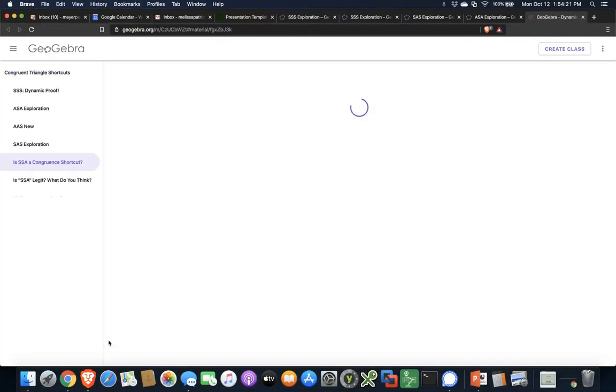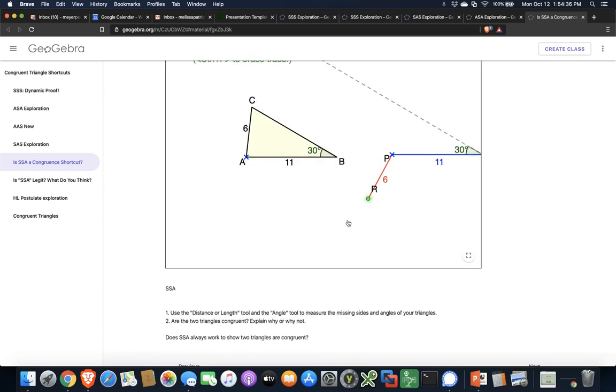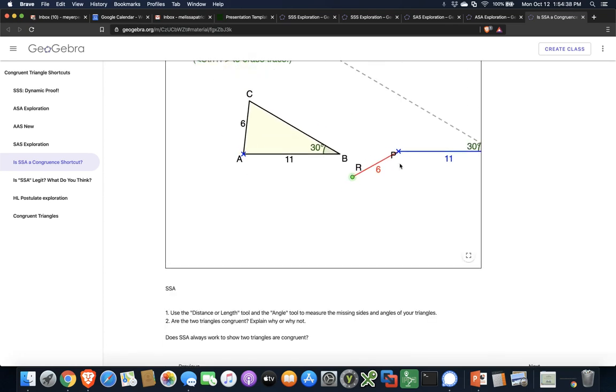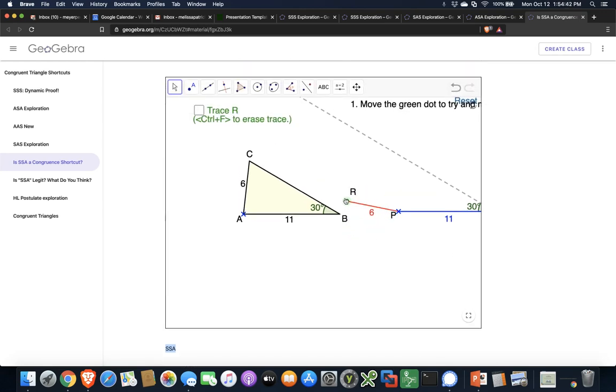And we can look at it here as well. So I've got this side is given and this side is given and this angle, but that means this angle in between can move and the length of this side can move. So if I move this side and I change the angle of P, the degrees here, right?